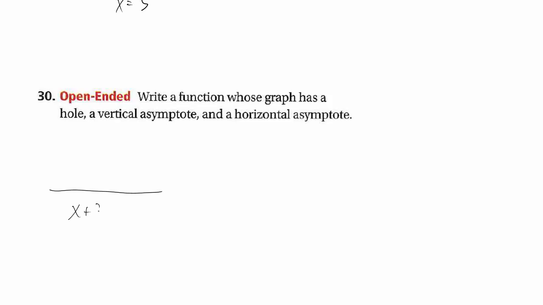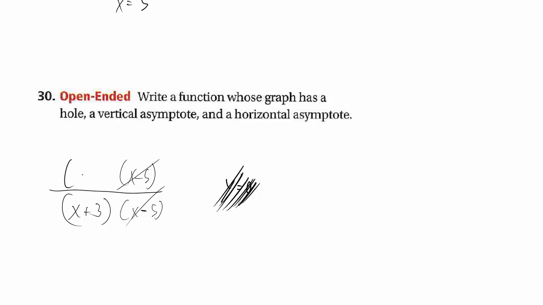But the idea is if I want a vertical asymptote, I just have to divide by 0 somewhere. If I want a hole, I want to divide by 0 somewhere like right here, but I want it to cancel out with the numerator. And then the horizontal asymptote in this case, since the numerator and the denominator have different powers, would be y equals 0.